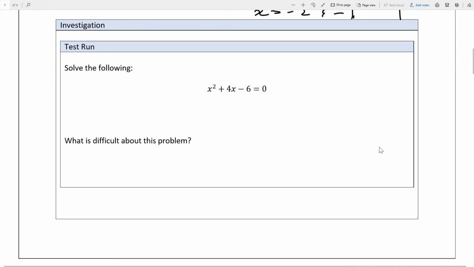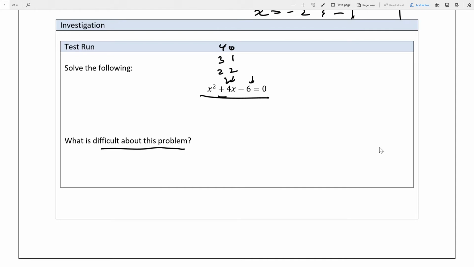But then let's say you have a question like this, x squared plus 4x minus 6. What are two numbers that add up to 4 and multiply to negative 6? Well, some numbers are 2 and 2, 3 and 1, 4 and 0. But none of these multiply to negative 6. So we have a problem. So what's difficult about this problem?